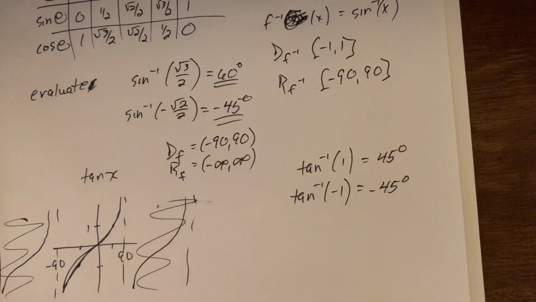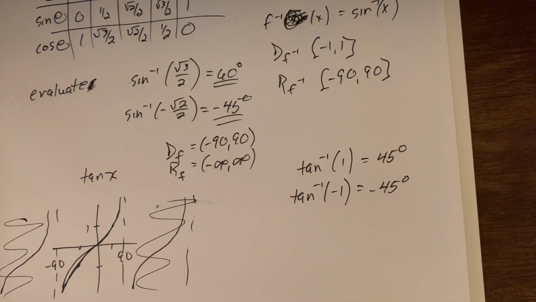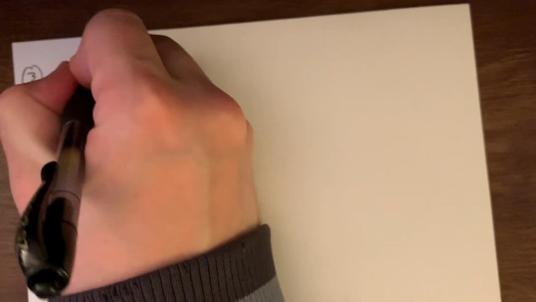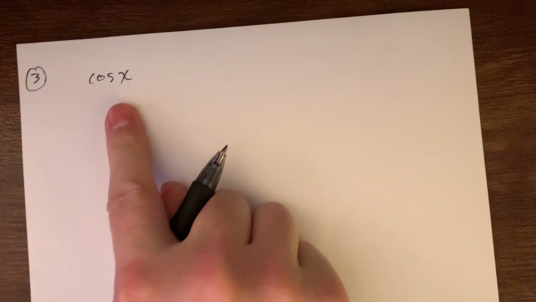Okay, almost done, everybody. We still have to talk about inverse cosine, and then we have a little bit more. These restrictions still make our lives a little bit of a pain, so we just have a little bit more to get through. So page 3, let's now talk about inverse cosine. I'll start off with the regular graph of cosine.